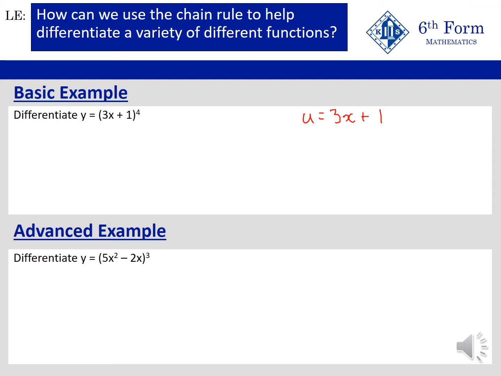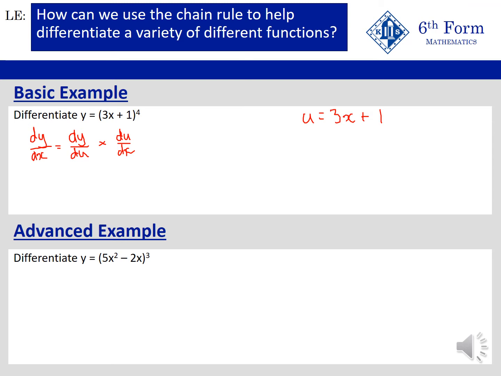So we'd like to use our chain rule to work out dy by dx. To work out dy by dx, we know that we want to use dy by du, and we're going to multiply by du by dx. And we've already decided that we're going to use u is 3x plus 1.